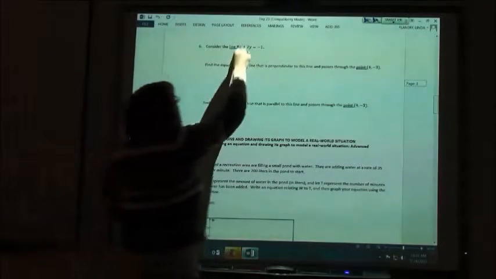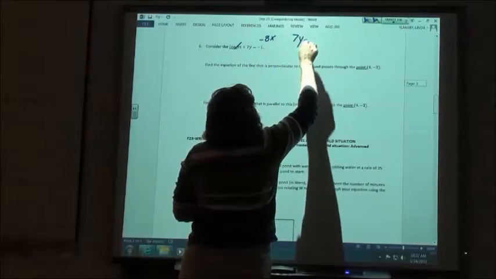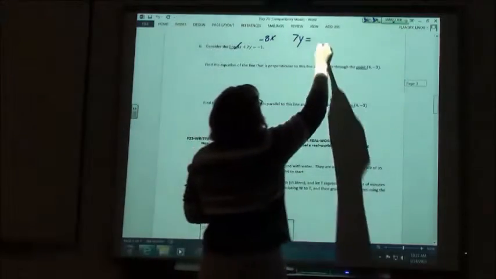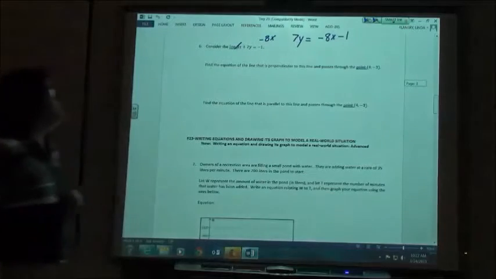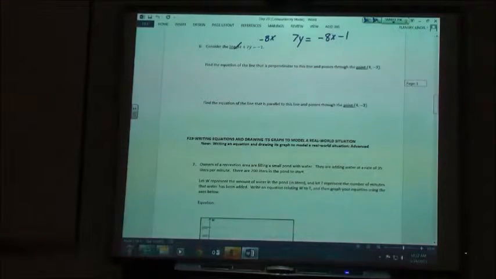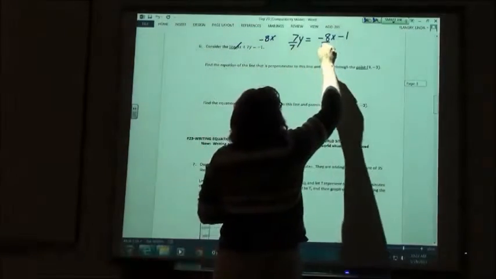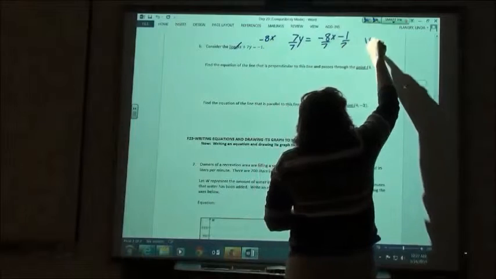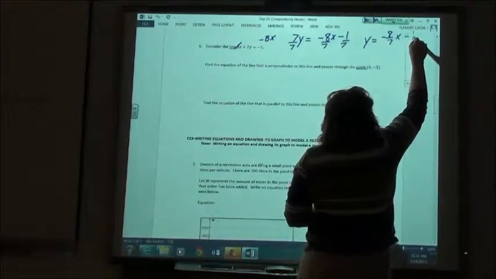So, I'm going to minus my 8x first, right? So 7y is going to equal negative 8x minus 1. And then, of course, we have to divide by our 7 yet. So y equals negative 8/7 x minus 1/7.